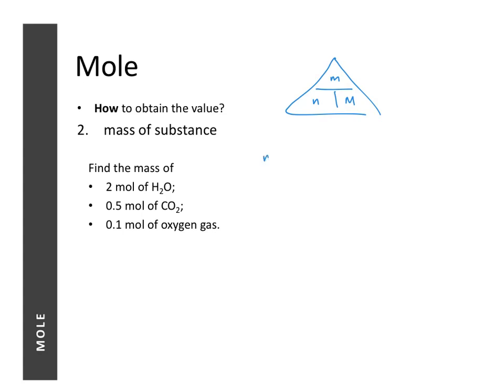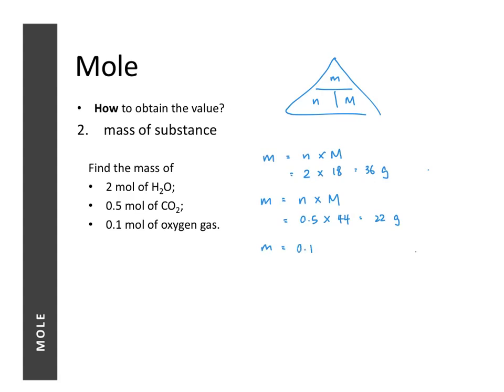So mass is equal to number of moles times molar mass. 2 times the molar mass of water, which is 18, so it's 36 grams. Next, 0.5 moles of carbon dioxide. Again, mass equals number of moles times molar mass, which is 0.5 times 44, which is 22 grams. And lastly, I have 0.1 mole of oxygen gas.